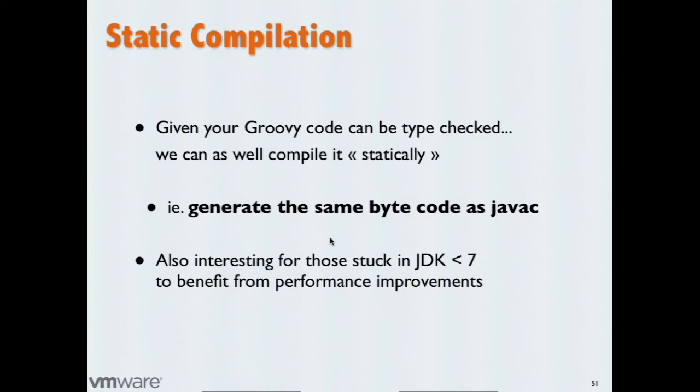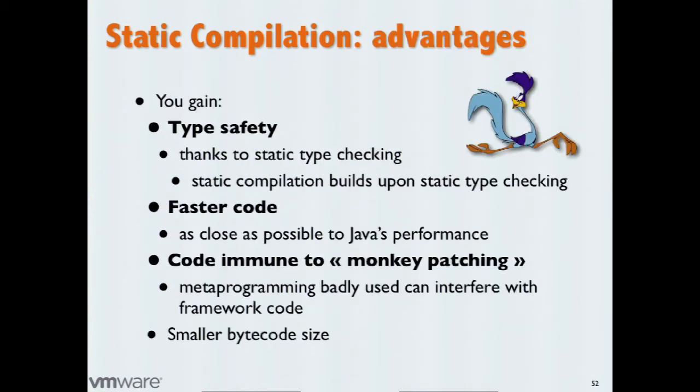Now that we did static type checking, the compiler knows a lot about the type information which is available. So why not also generate the same kind of bytecode that the javac compiler generates? And that's what we did. If you use static compilation, which is triggered by the @CompileStatic annotation, it provides type safety by reusing the static type checking.